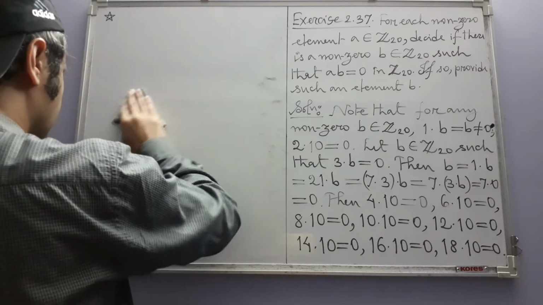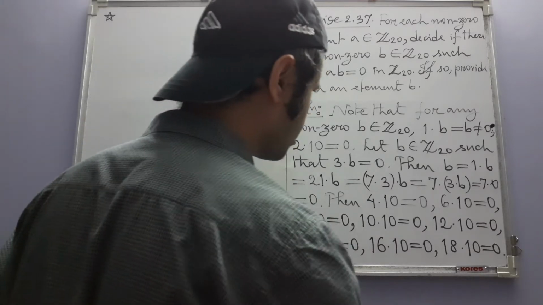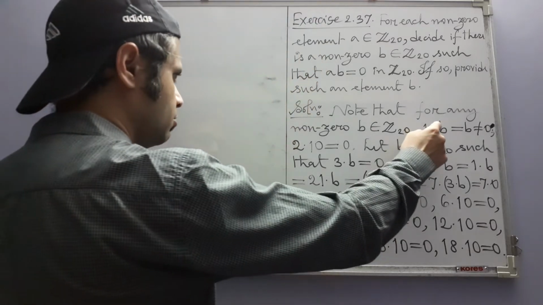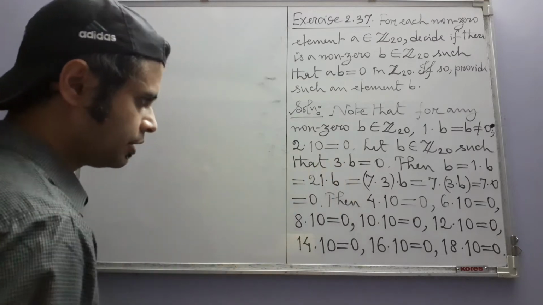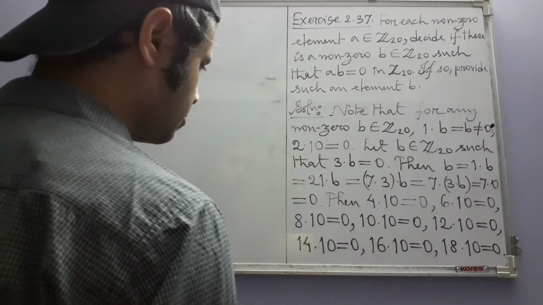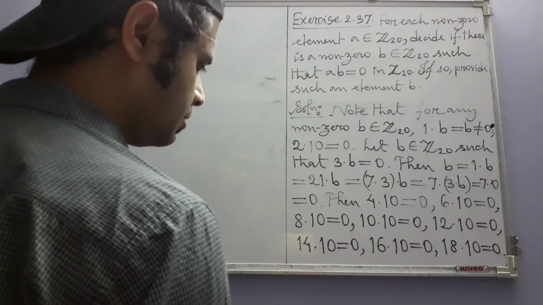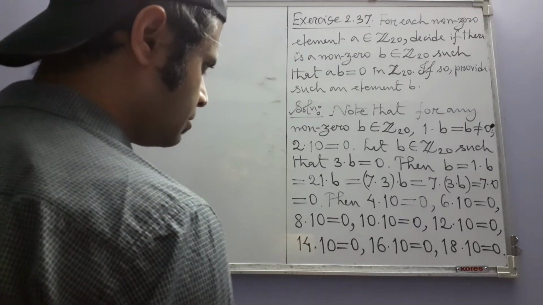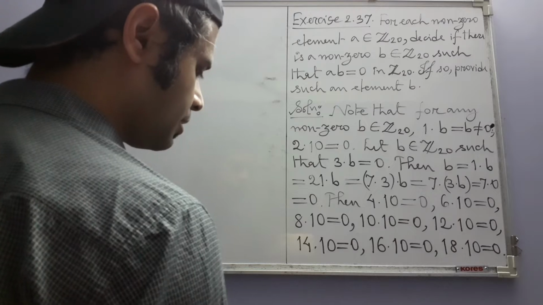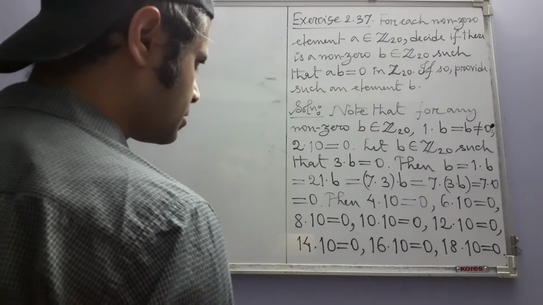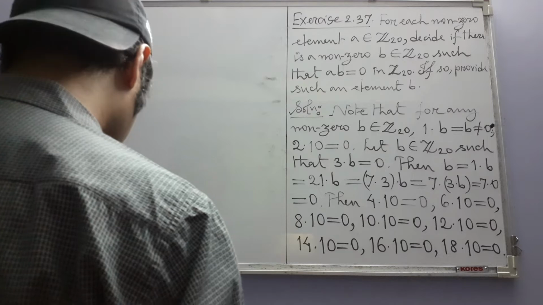Now we come to the odd ones. For the odd ones we have already seen 1 and 3. So what are the others? 5, 7, 9, 11, 13, 15, 17.